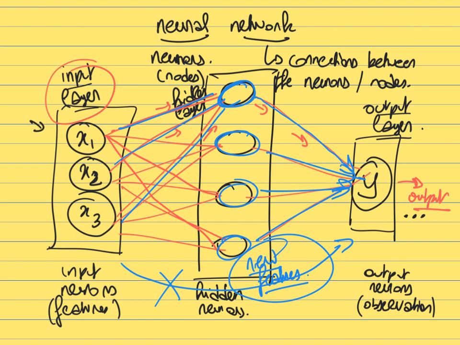And those new features are going to be more useful to predict the output than the initial features that you provided. And that's the main interest of the artificial neural network. It creates on its own some new features without requiring any intuition or input from you. It's just going to create on its own, without any external guidance, the features that it thinks are useful to predict the output.